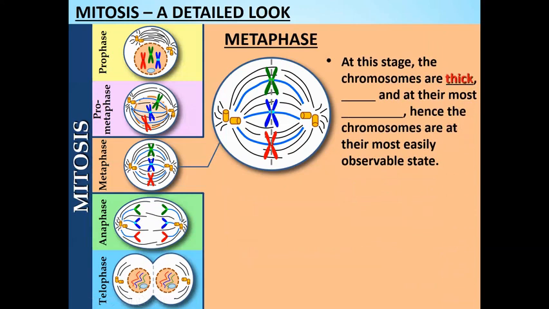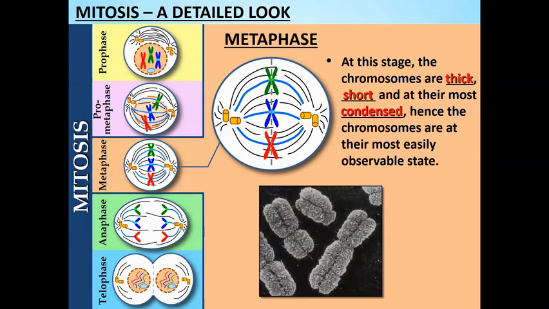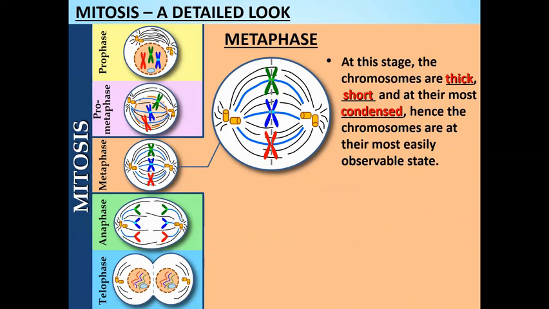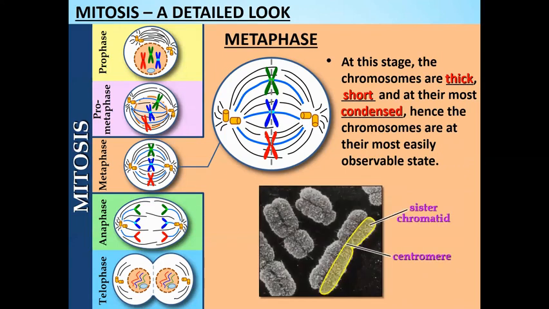At this stage, the chromosomes are thick and short, and they're condensed. There you can see the actual version of what they look like during the metaphase. It's kind of cool. You can see the duplication from one side to the other.